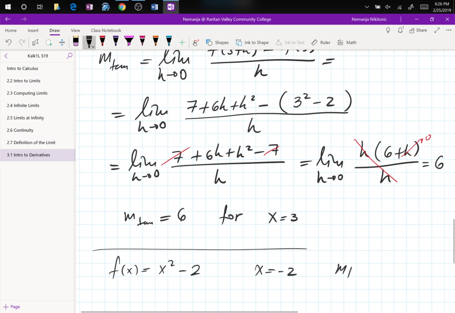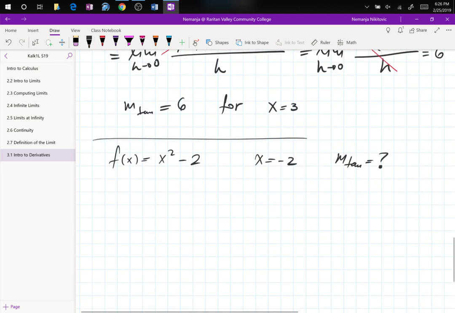So what's the m tangent now? We have to do everything from scratch. The whole calculation. Because we have to find f of -2 plus h first. And that's going to be -2 plus h squared minus 2. Work that out. And then do the entire limit.